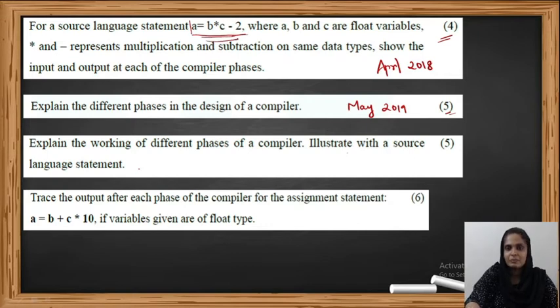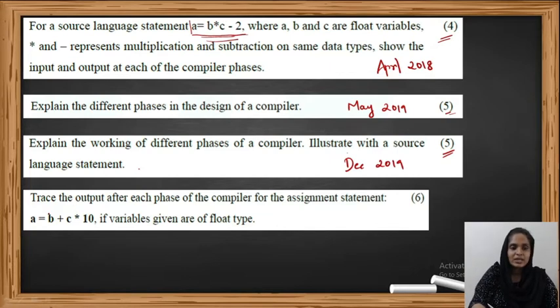Just like this statement, you have to consider one statement and you have to show the output of that statement in each of the phases. So while you explain about the different phases of a compiler, you have to show the output of this statement in each and every phase. Okay, and that's also asked as a 5-mark question, and it was asked in the question paper December 2019.